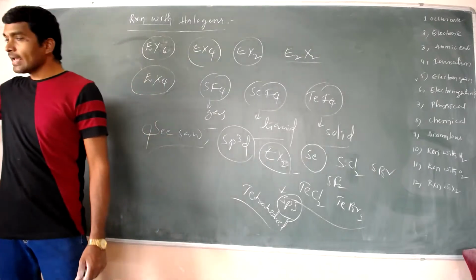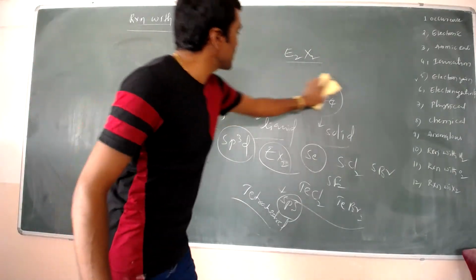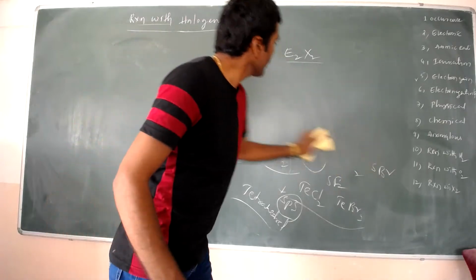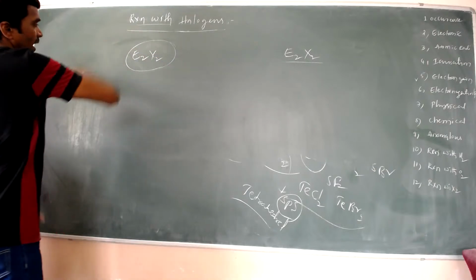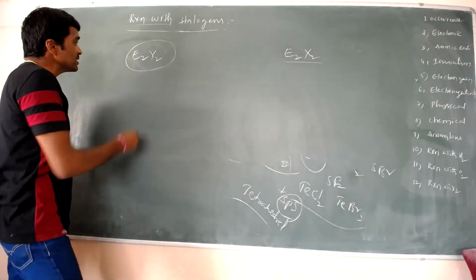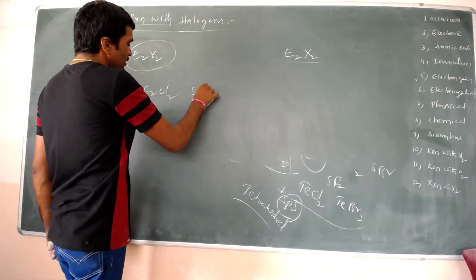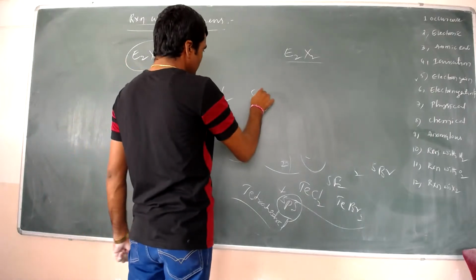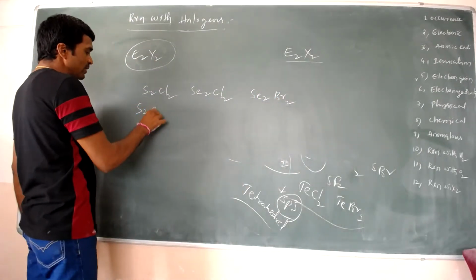And the last one is the E2X2 type. In the form of E2X2 type, the best examples are S2Cl2, Se2Cl2, Se2Br2, S2Br2.